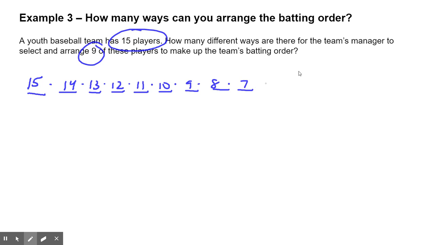And that means that there are 6 players who will not play, and that's life. Now, the other way I can do this, and I'll show you in the calculator, is 15P9. I have 15 players, and I'm trying to choose 9 of them in a distinct order. So we'll do both ways in our calculator.